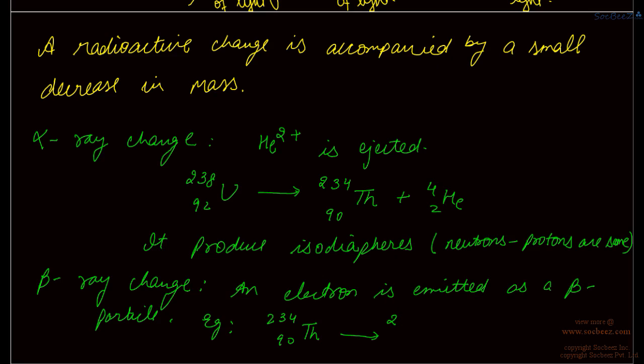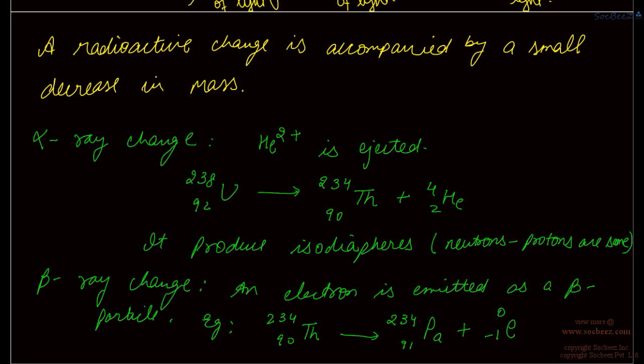The atomic mass will not change, but since an electron is ejected, there should be an increase in atomic number. So this arrangement corresponds to this element, and hence we write the process of beta decay like this.